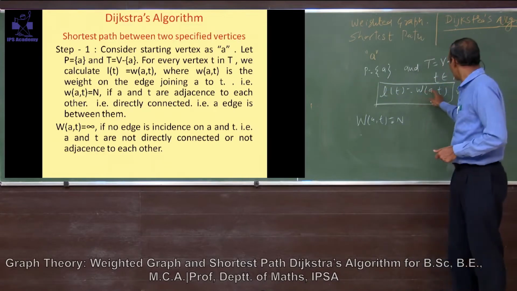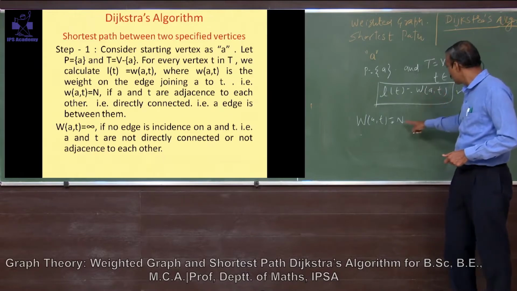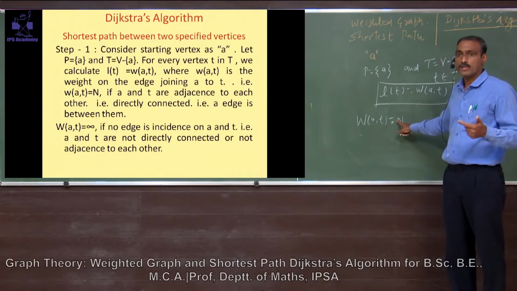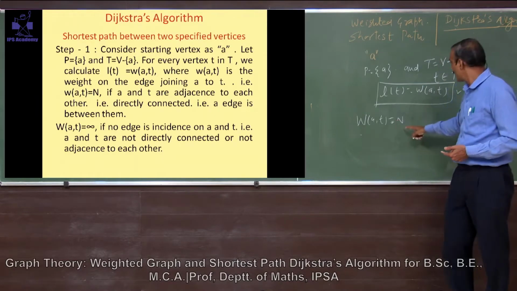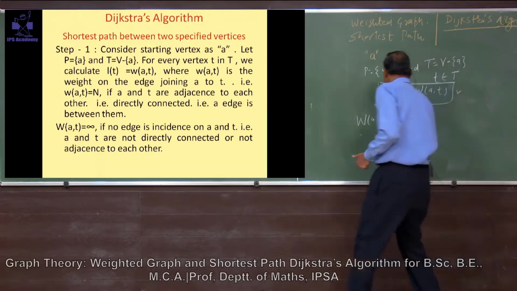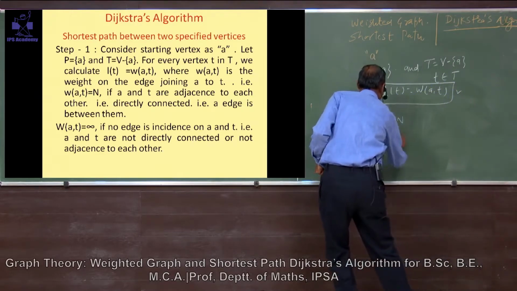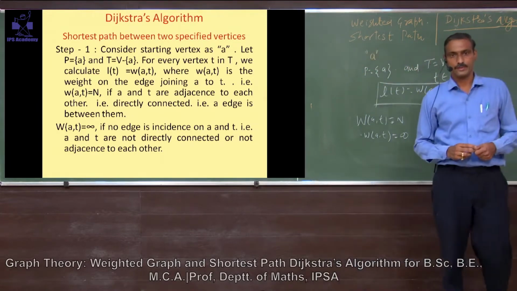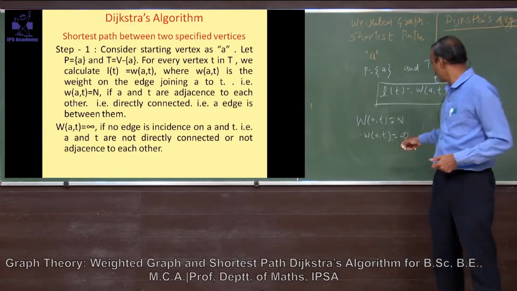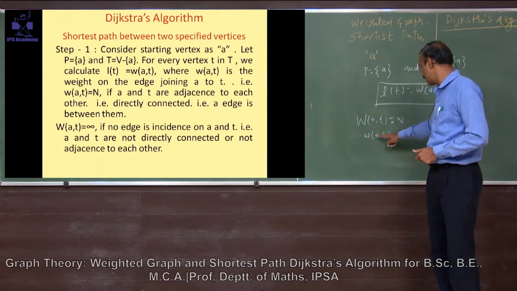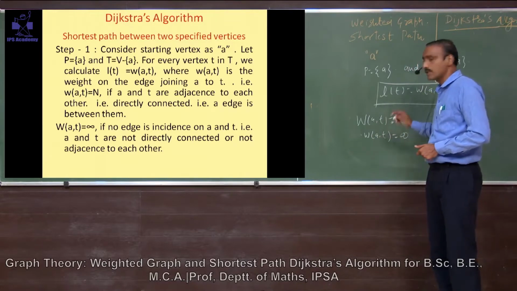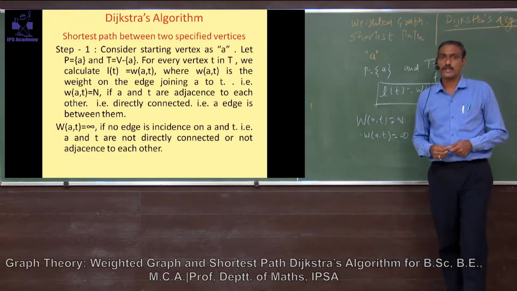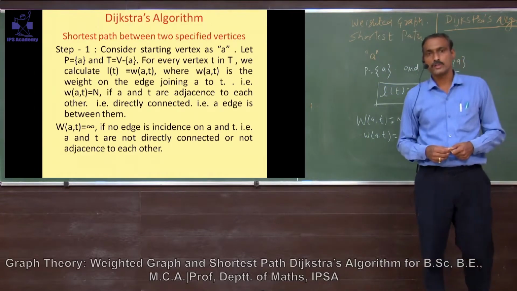If A and t are adjacent to each other, directly connected, then we put N. Otherwise, if there is no edge between them, if A and t are not adjacent to each other, then we put infinity.